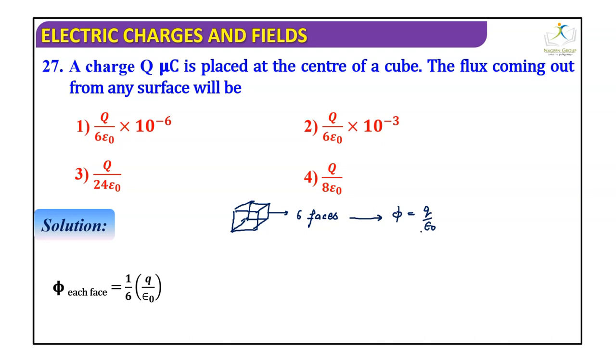If the charge is placed at the center, that means the electric field lines or the flux can pass through all 6 faces. So for the 6 faces, the flux will be 6 phi divided by epsilon naught, and for one phi, this will be Q by 6 epsilon naught. According to that, the correct option is the first one.